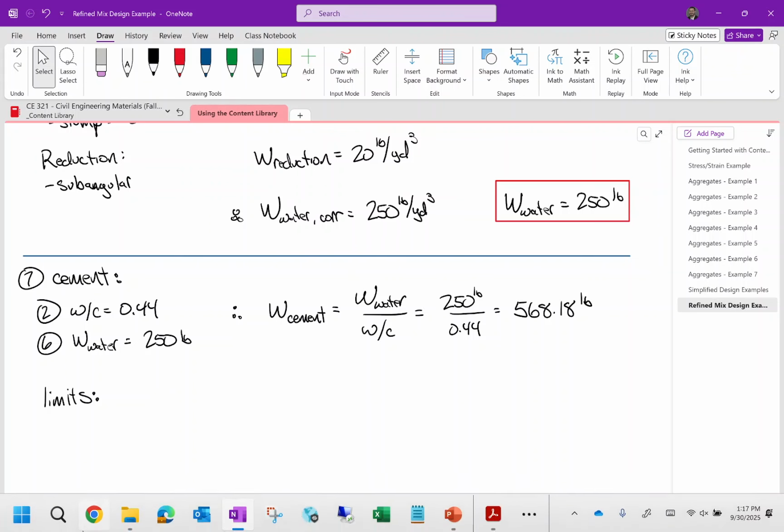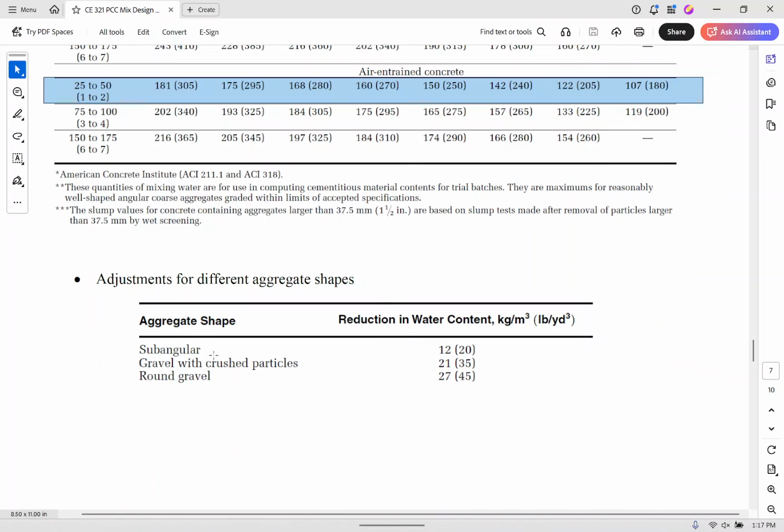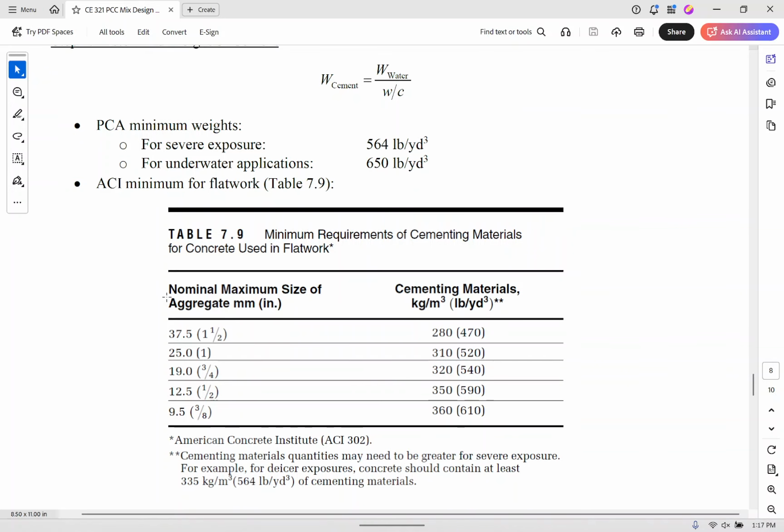We always have limits for stuff like this in certain exposure categories. So if I scroll down here, what are my limits? We have two. We have an ACI minimum for flat work, and we have PCA minimum weights. Let's look at the PCA minimum weights. This is from the Portland Cement Association. We obviously don't need to apply for underwater applications, but I would argue this is a severe exposure category. We've been using severe throughout the whole problem.